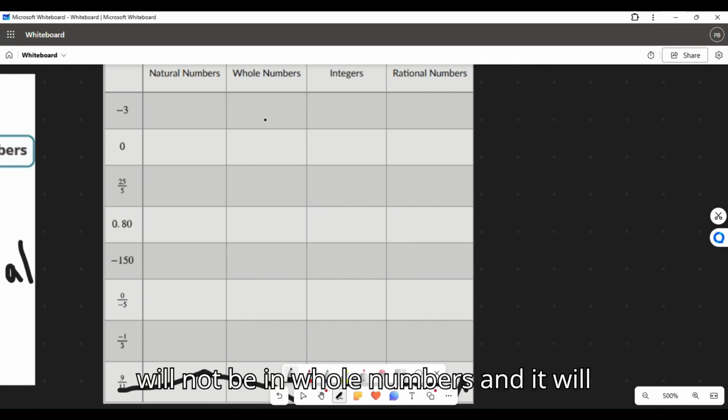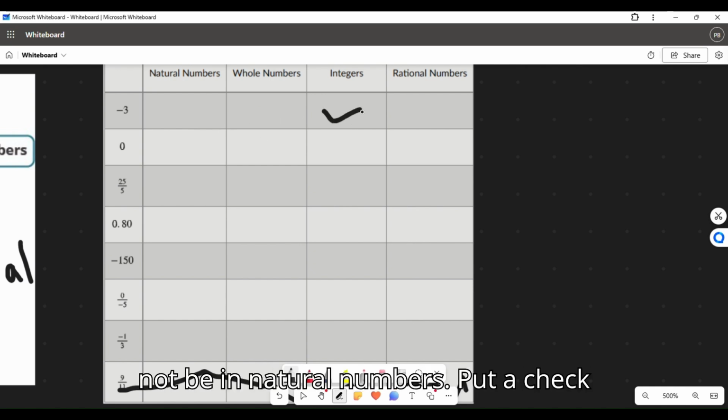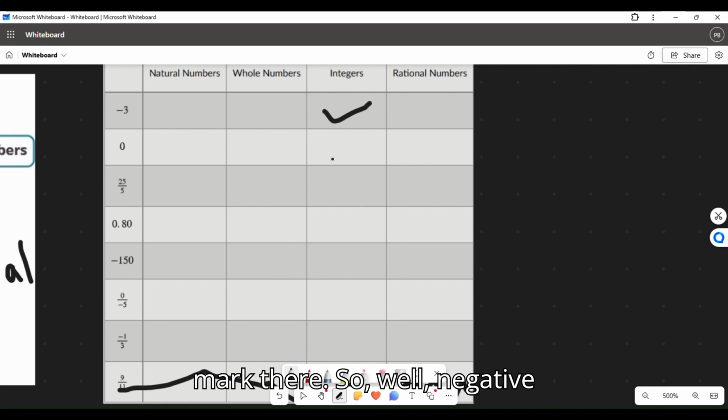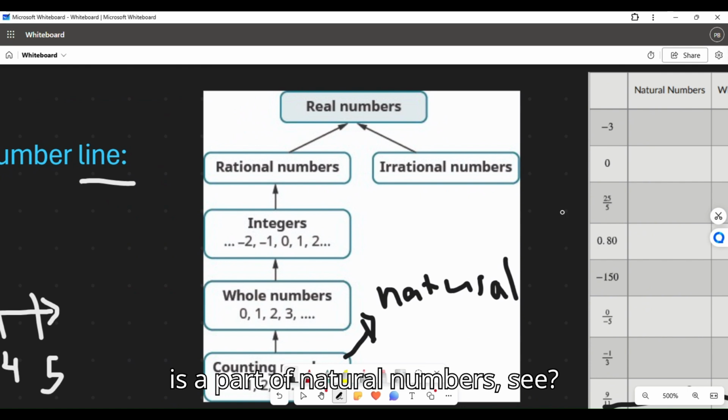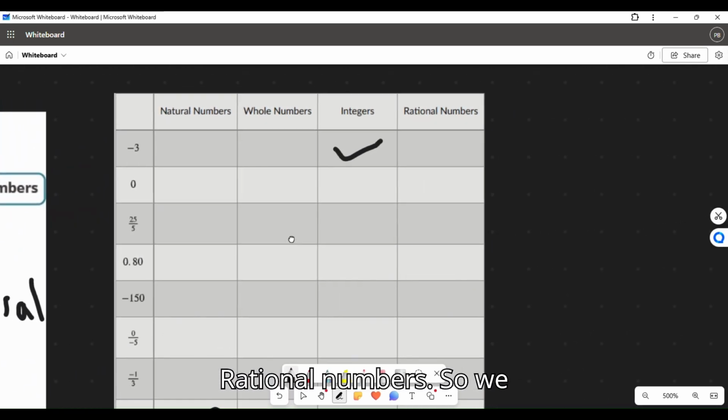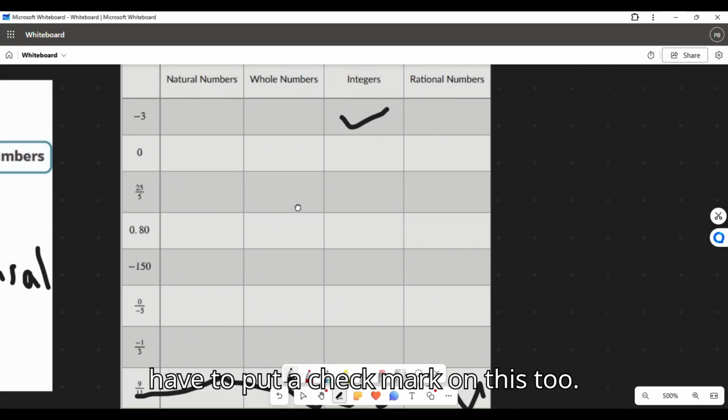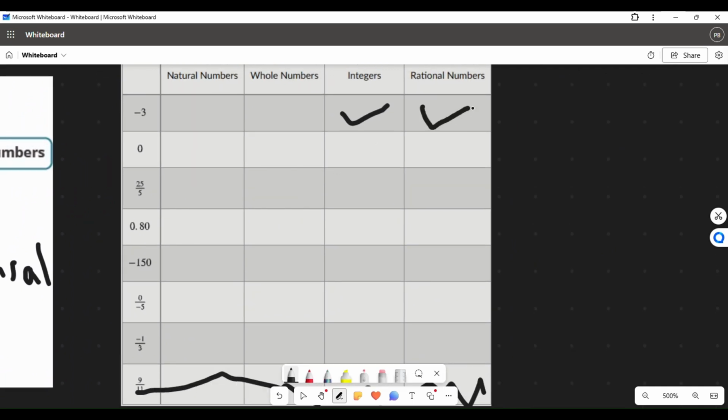It will not be in whole numbers and it will not be in natural numbers. Put a check mark there. And -3, an integer, is a part of the rational numbers, so we put a check mark on this too.